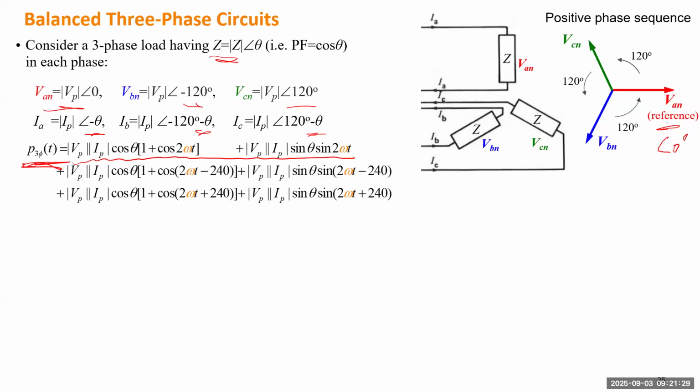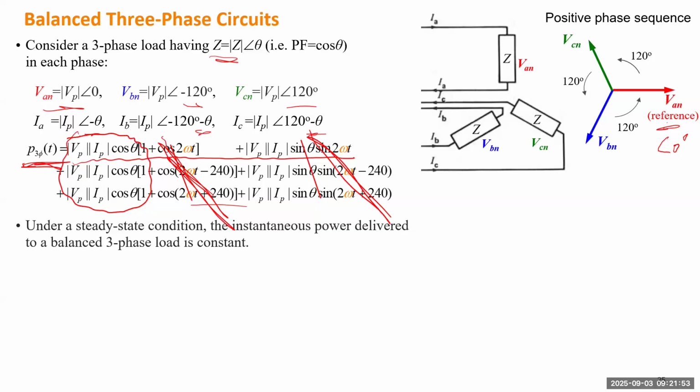And the third line will be shifted by positive 240 degrees. So when I add all the 6 items together, all the cosine items will cancel out, and all the sine items will cancel out. So eventually, whatever is left is only this part. That will generate a very simple formula.